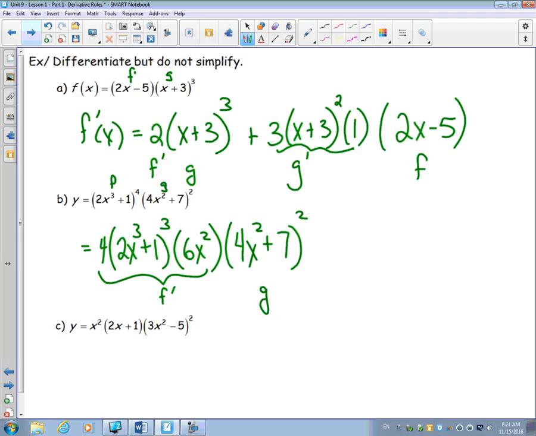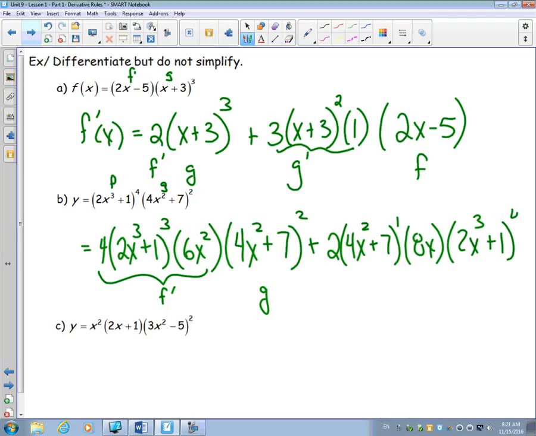This is g, plus. Now you go to the g prime now. So 2 times 4x squared plus 7 to the 1 times the derivative of the inside piece times the entire first piece. 2x cubed plus 1 to the 4. So all of this is g prime, and there's your f.